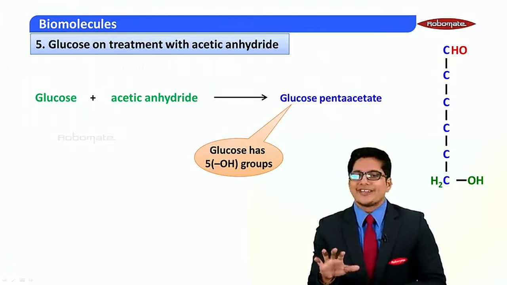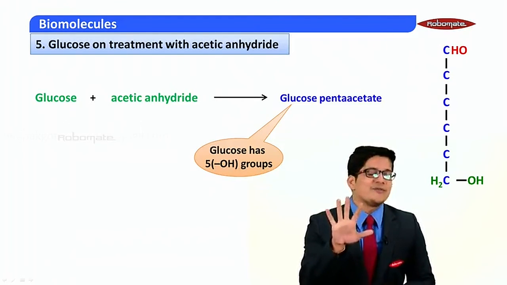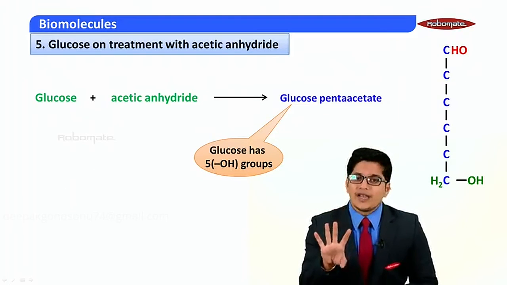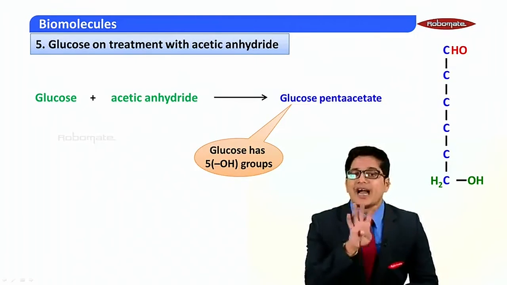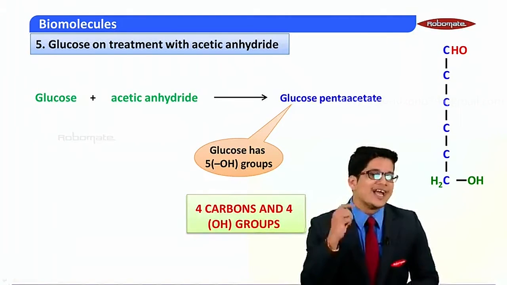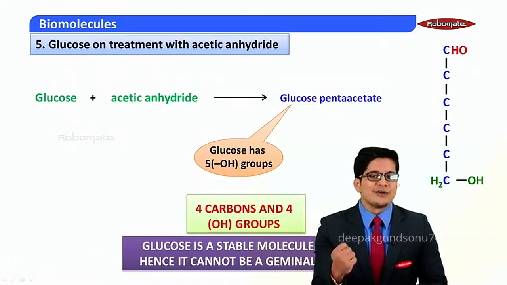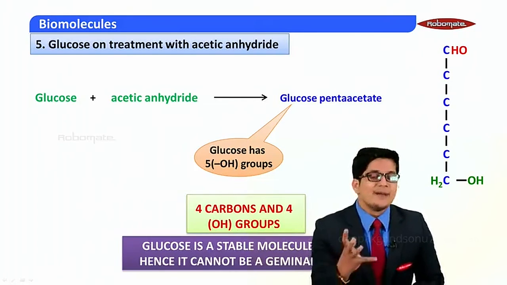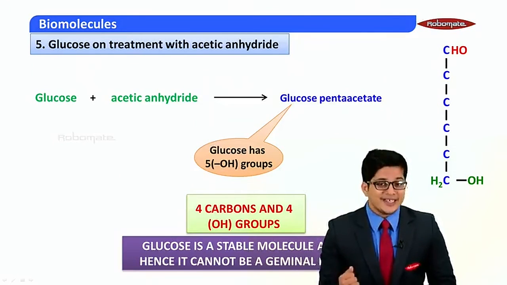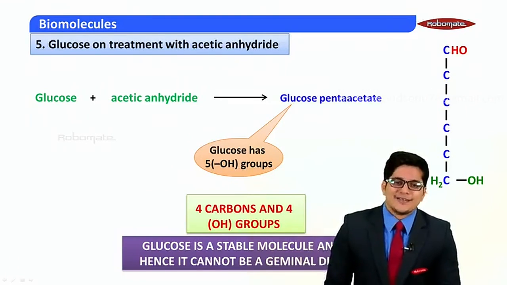But a point which we should understand over here is that out of the 5 groups, 1 OH group is a primary alcohol, and we are still left with 4 carbons and 4 OH groups. As glucose is a stable molecule, it cannot be a geminal diol.